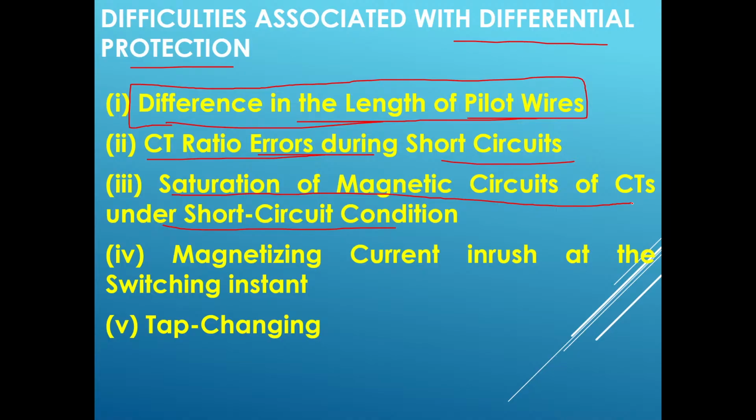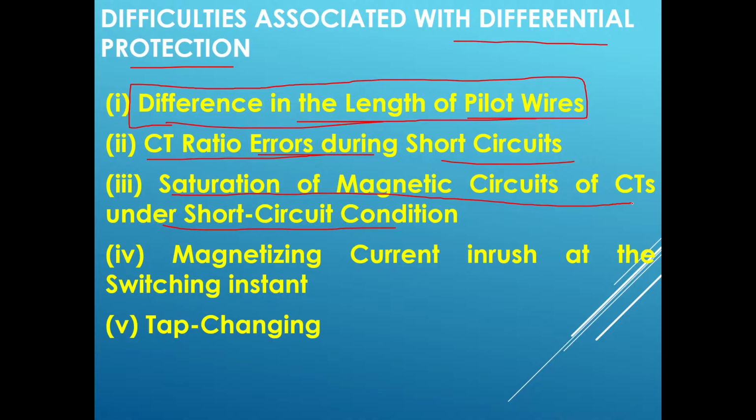So differential relays of this type are likely to operate inaccurately with heavy faults. If the fault is very severe and the CTs become saturated, meaning the flux density is not increasing further, then the operation of this relay will not be accurate.